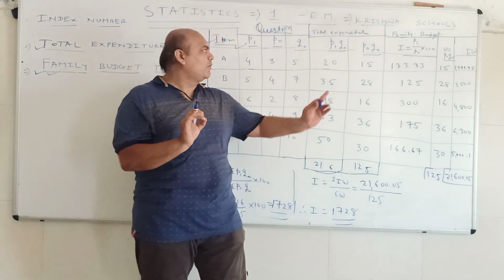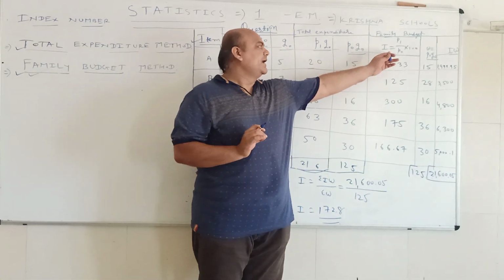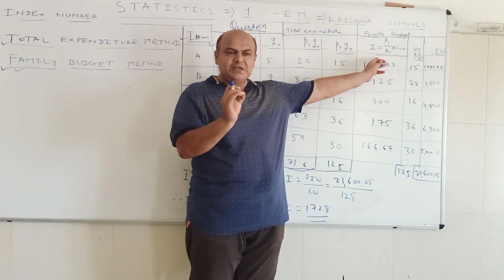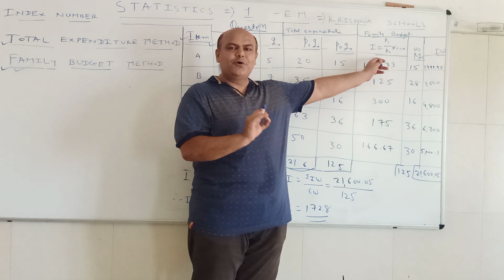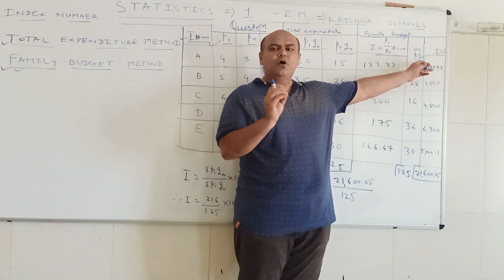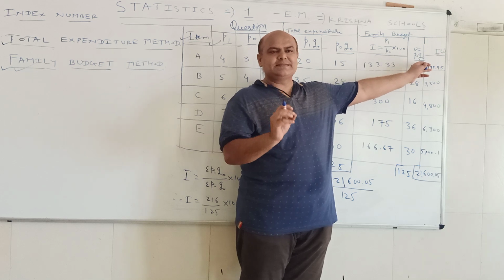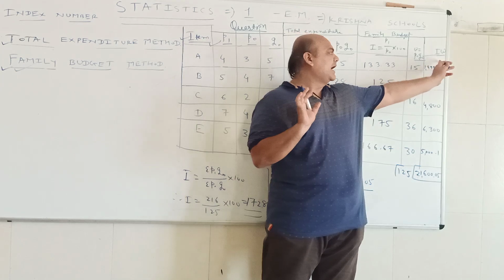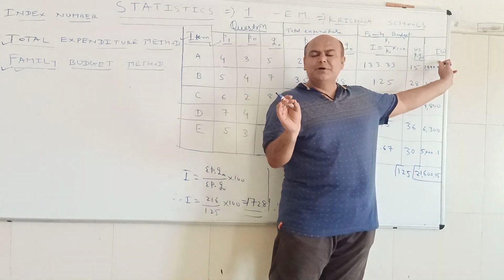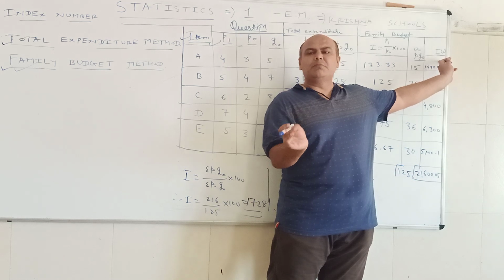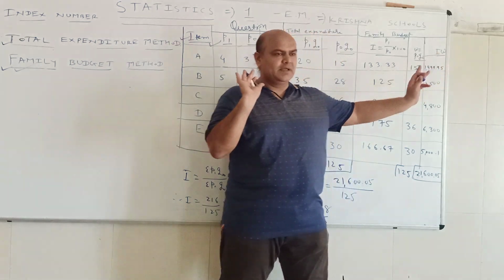The formula of column I is P1 upon P0 into 100. The formula of column W is P0 Q0. And the last column is IW, that is multiplication of I with the column of W.